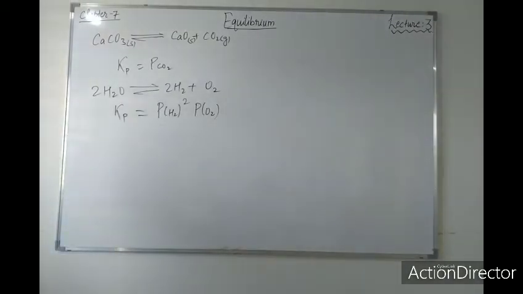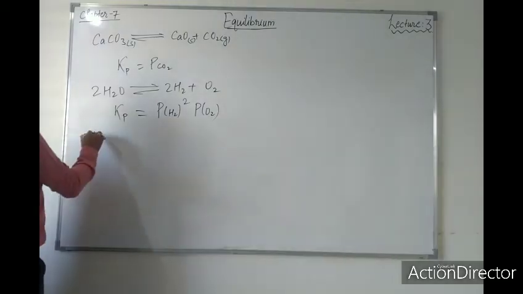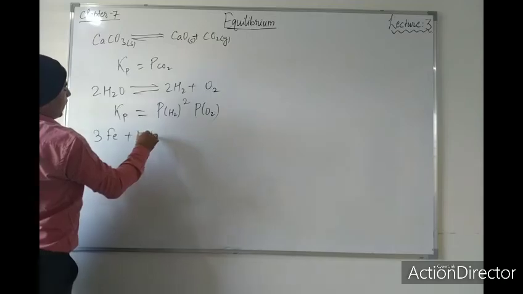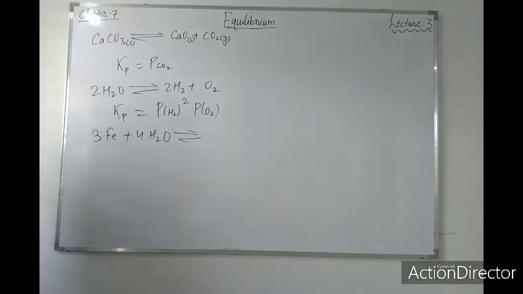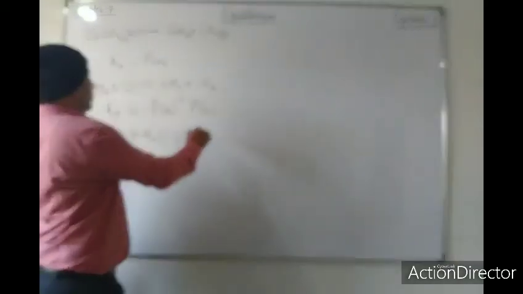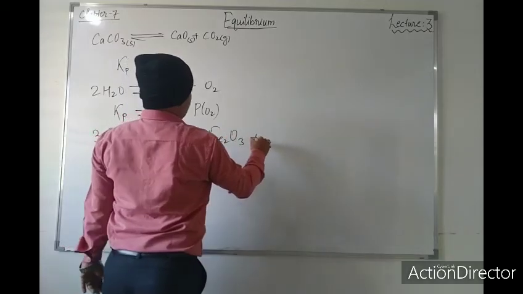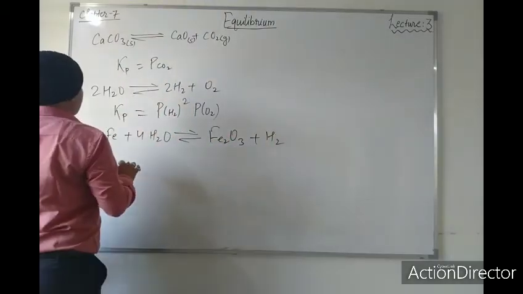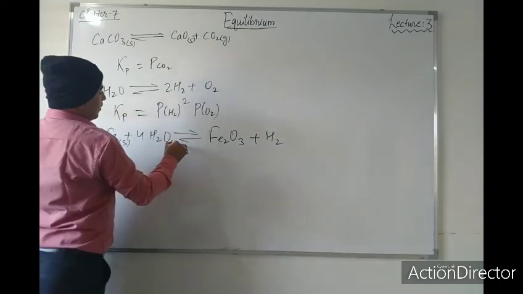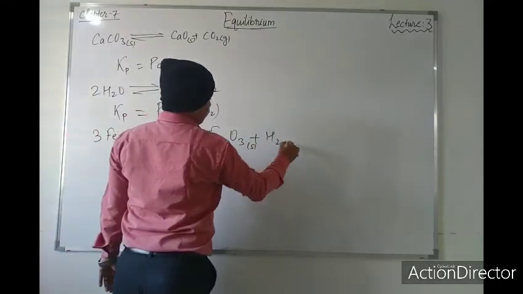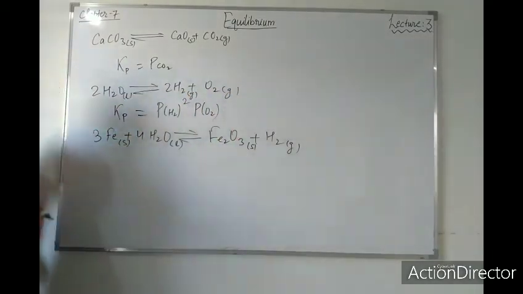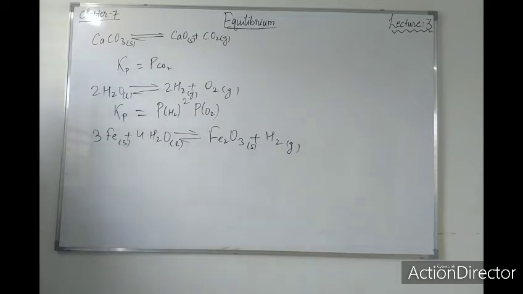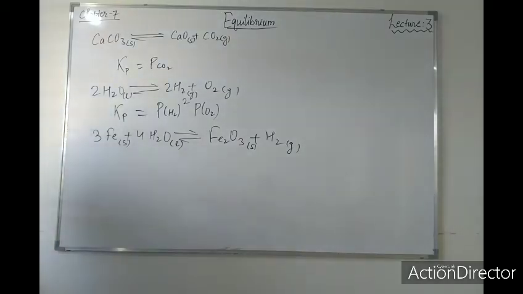Correct? Now if I talk about iron with water, 3Fe plus 4H2O, what will it give you? Fe3O4 plus H2, right? Don't forget to write all these things, okay? So what you have seen here is iron plus water gives iron oxide plus hydrogen gas.